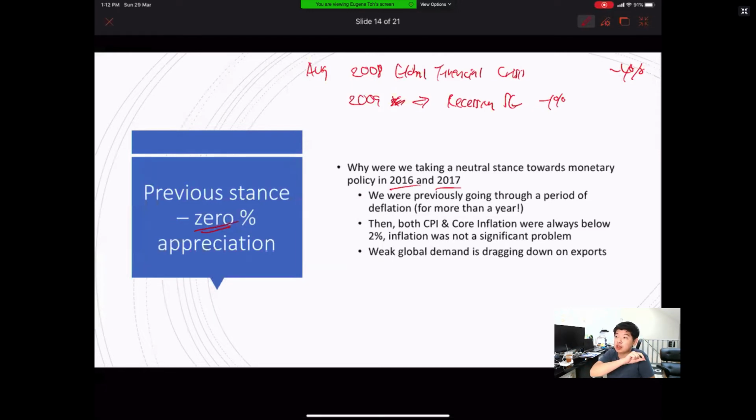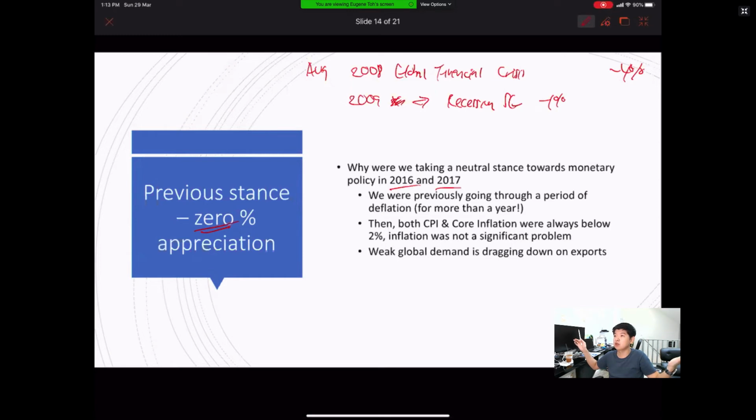So if the problem of inflation doesn't exist, does it make sense to continue with a modest and gradual appreciation of the Sing dollar? No, right? It doesn't make sense, so we shouldn't continue with it. So depreciation not good, modest and gradual appreciation not good. So does it make sense that doing nothing is the best thing to do?